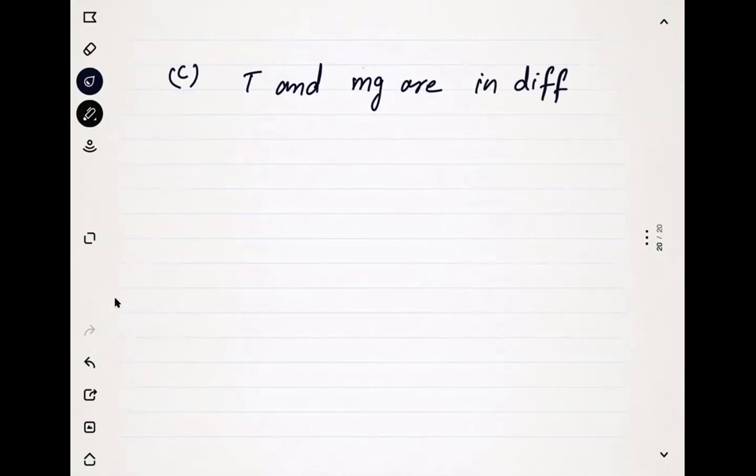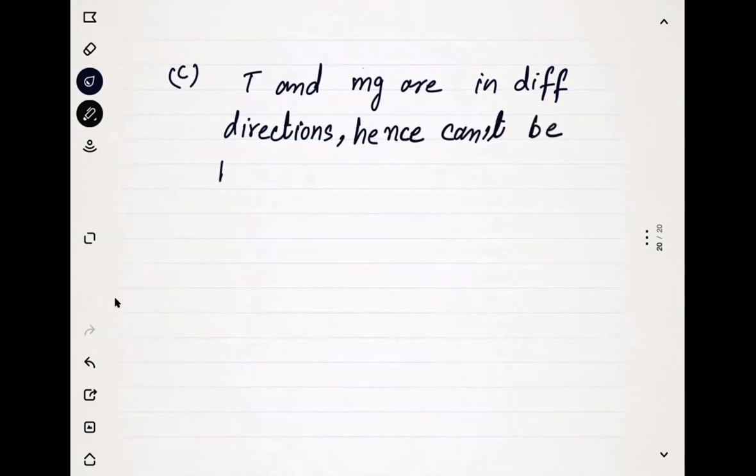So in the C part, we will say that T and mg are in different directions, hence cannot be balanced.